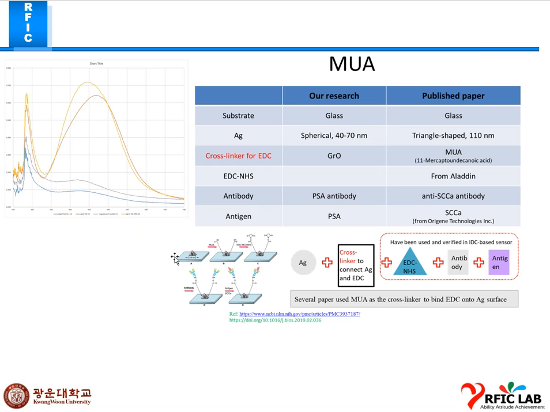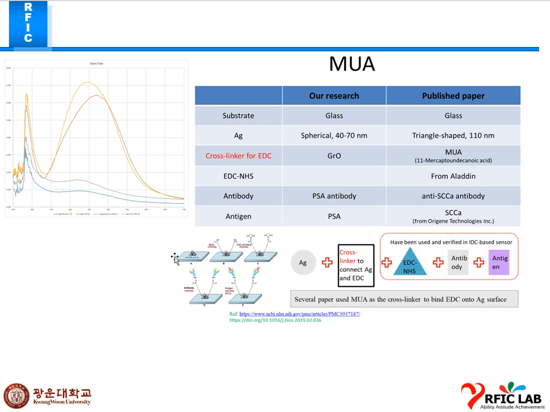So these are the MUA chemical properties, the positive properties compared to the graphene oxide. As I already told you, the graphene oxide flake size is much higher than the pore size of our AAO surface, so it's impossible to penetrate the pore surface.